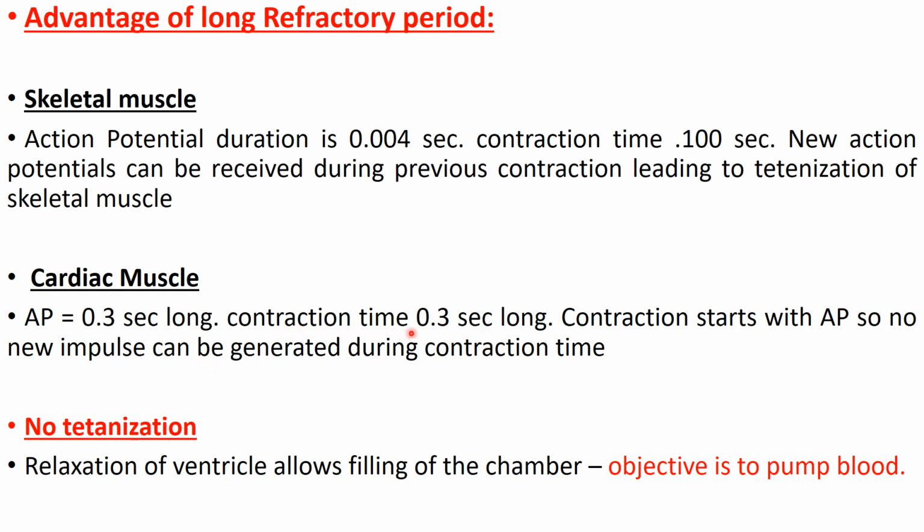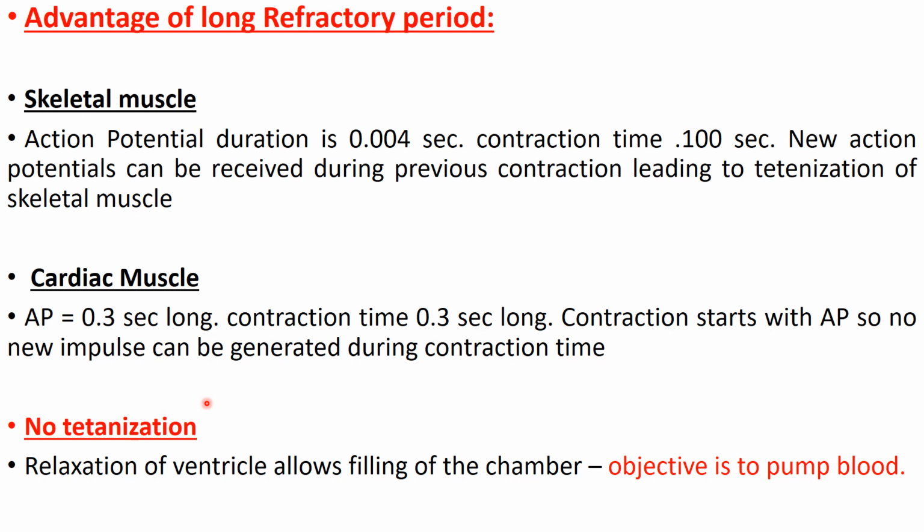Similarly, the contraction time is 0.3 seconds in the cardiac muscle, equal to the action potential time. So the contraction starts with action potential and no new impulse can be generated during the contraction time. This is the reason the cardiac muscle cannot be tetanized.